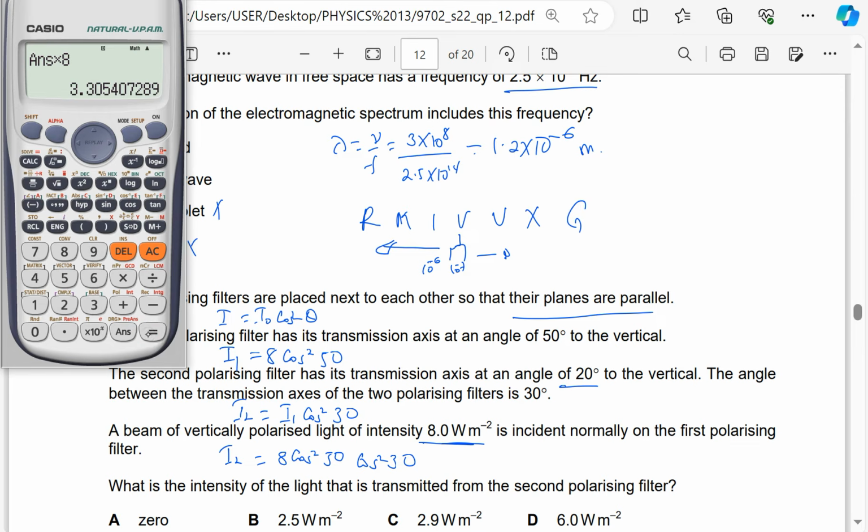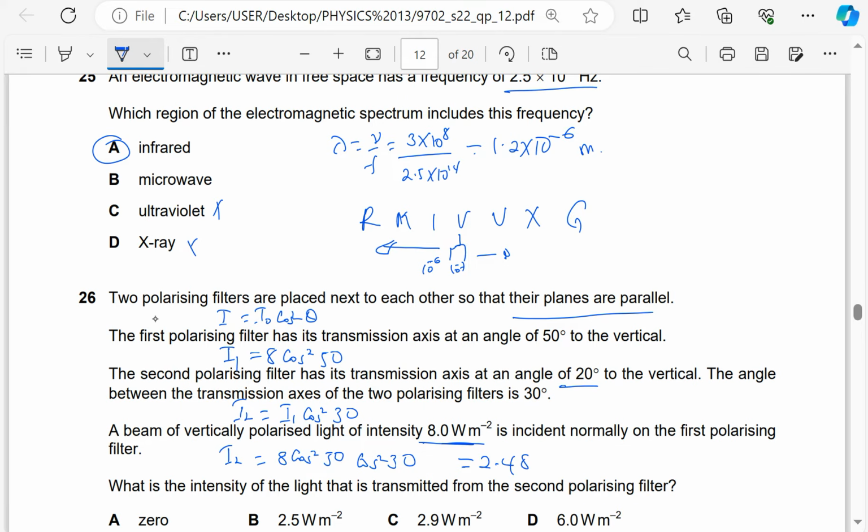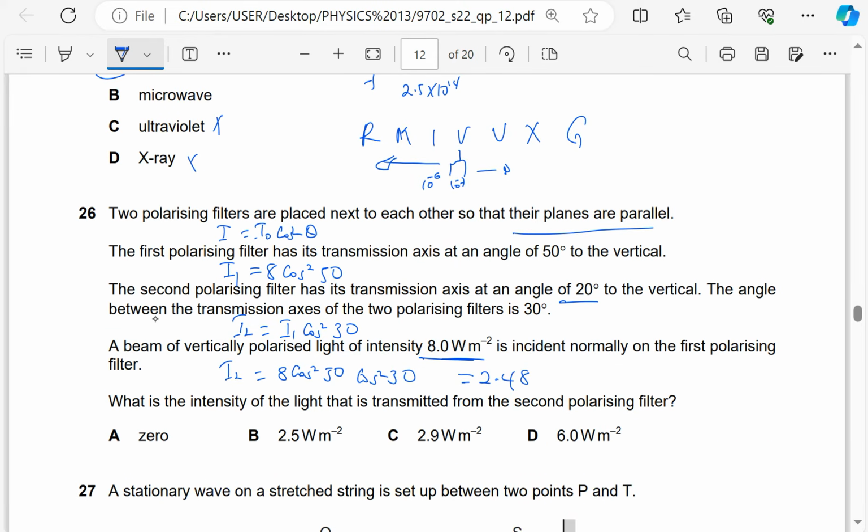Then times open brackets, cos of 30, but this should be squared. So this is giving me 2.48. What is the intensity of the light that is transmitted from the second polarizing filter? So the answer is 2.48, which is approximately 2.5.